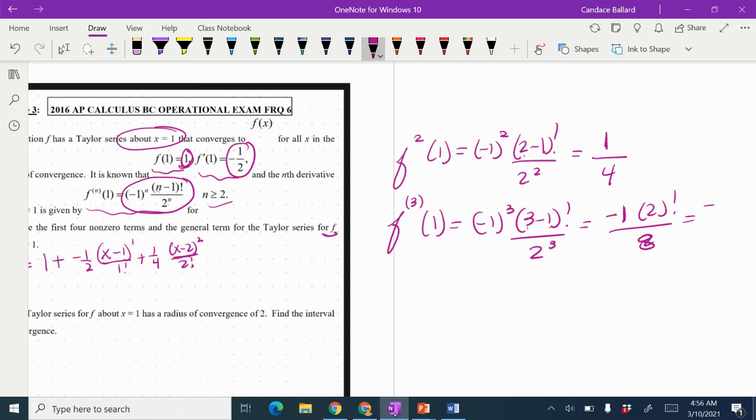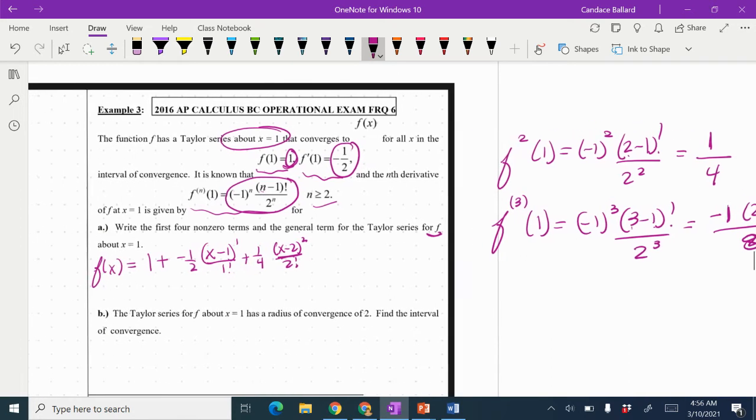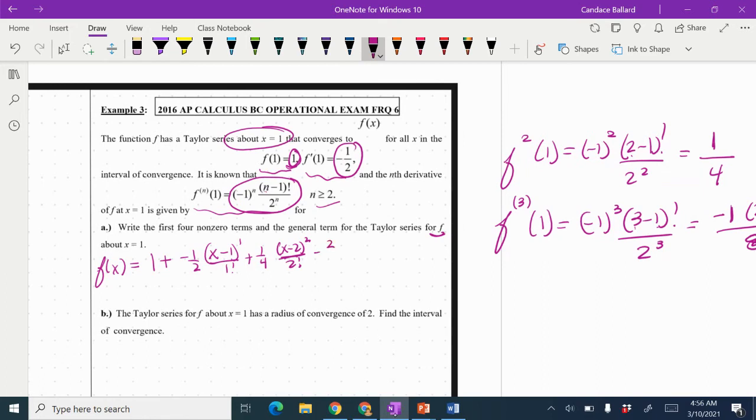So this would be like negative 2 over 8. And I know that reduces, but we're going to just leave it like that for now. So negative 2 times x minus, I wrote this wrong. This should have been a 1, not a 2. x minus 1 cubed over 3 factorial.